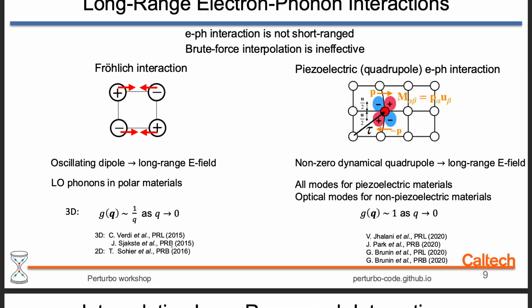This strategy that I'll present on the next slide was initially developed for 3D and 2D by these people. And then there's also a quadrupole term, which contributes a constant long range term to the coupling due to a quadrupole moment of the phonon mode. Some of the early work was done in this group to treat this. And you'll see if you don't treat this, your coupling is off by a constant.